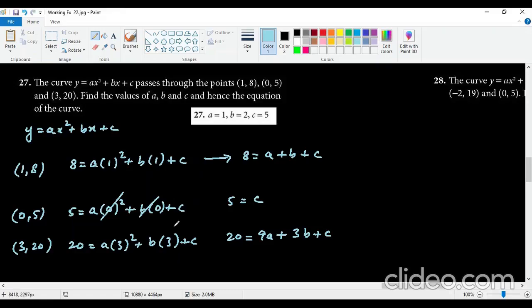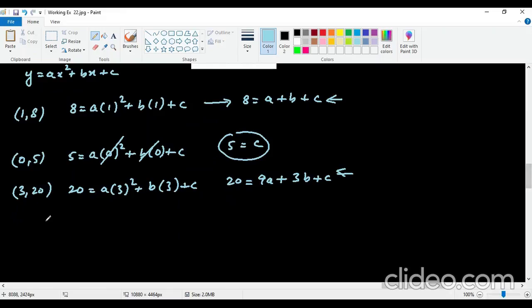In here, we need to find out the value of c, which is going to be plotted in this one and this one. Now 8 equals a plus b plus c, and the other one is 20 equals 9a plus 3b plus c.